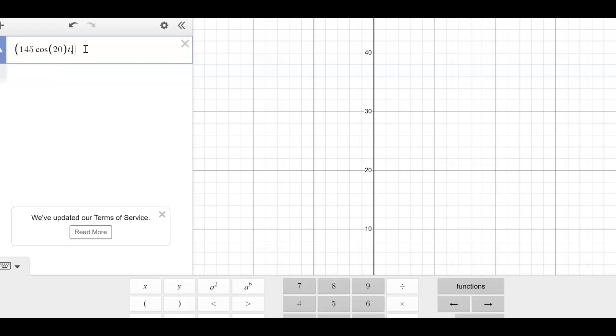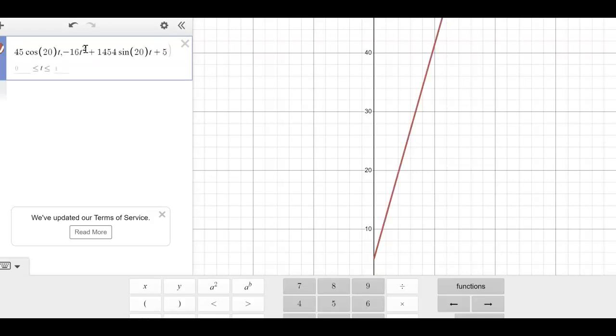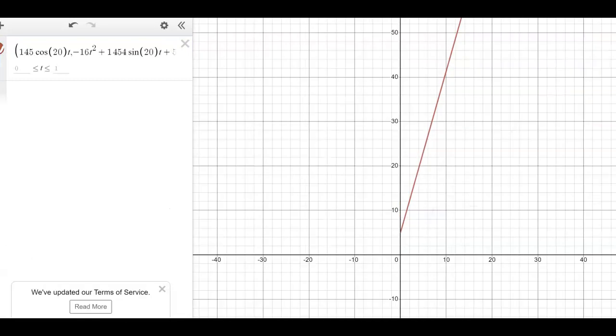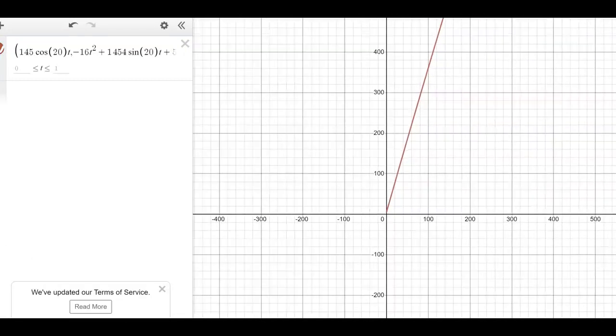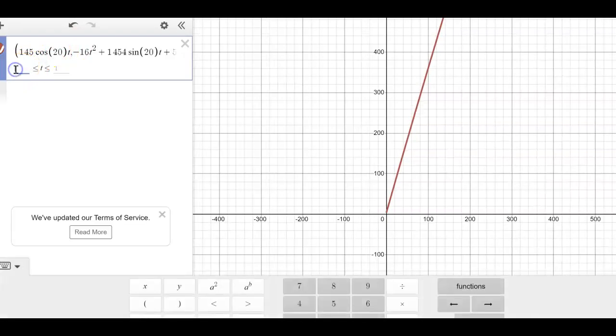And my y is going to be negative 16t squared plus 145 sine of 20 degrees t plus 5. And I'm going to zoom out. And we know this thing is in the air for 3.2 seconds. So let's graph the entire motion here.